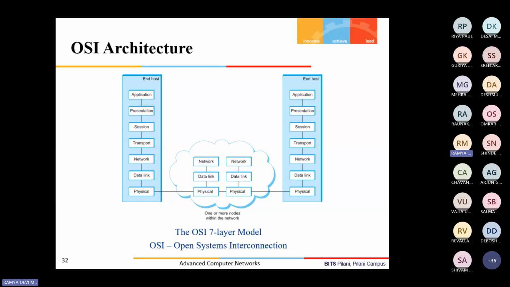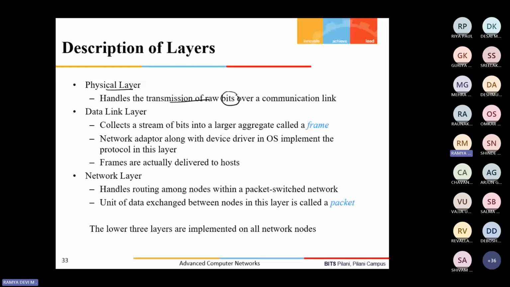This is the OSI architecture. We have seen the OSI architecture already, right? Just now we have seen what the responsibilities are in detail. The physical layer handles the actual transmission of bits, so the data is represented in terms of bits. In the data link layer, the data is represented in terms of frames, right?